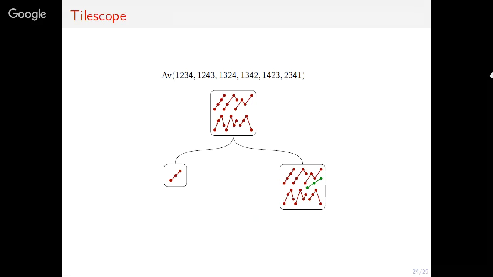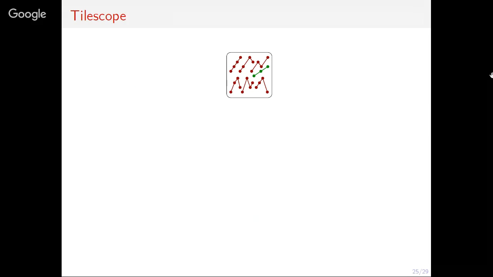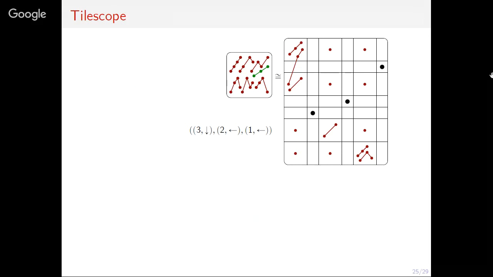So we put in the green requirement there, saying each gridded permutation that you put there must contain this 1, 2, 3. Here is where the forced patterns come in. Since each of them has to contain a 1, 2, 3, we could just place the 1, 2, 3 onto this tiling as actual points.